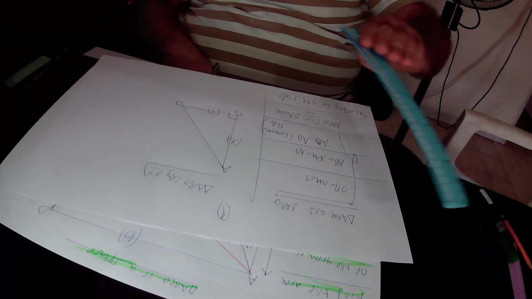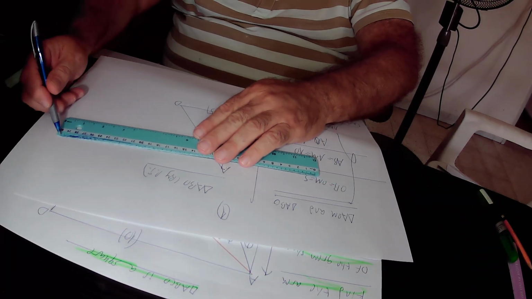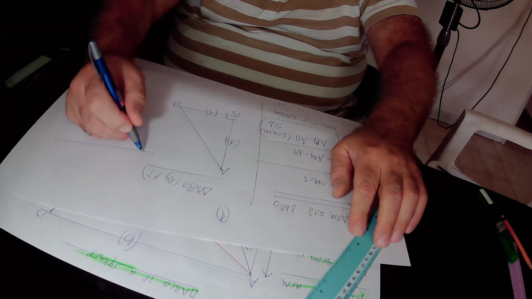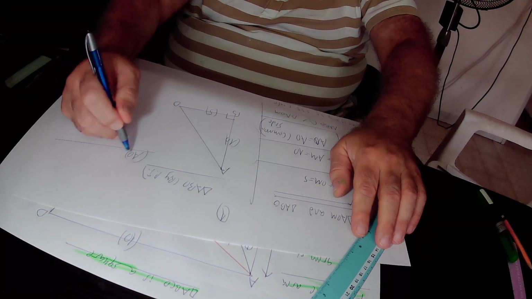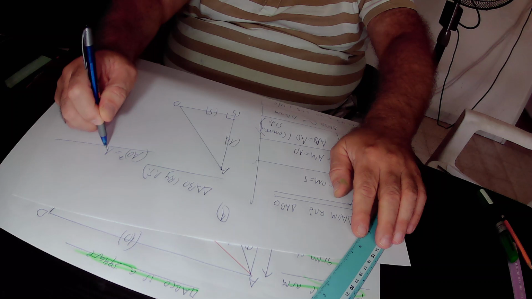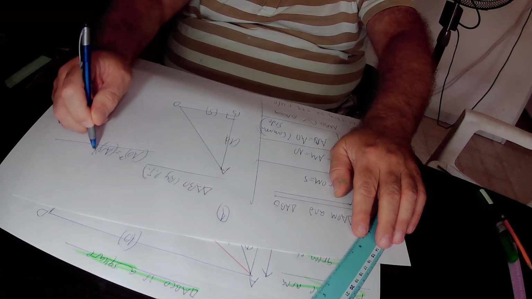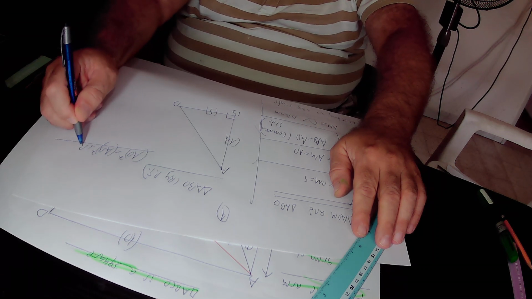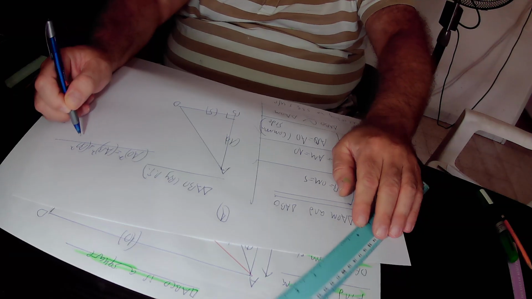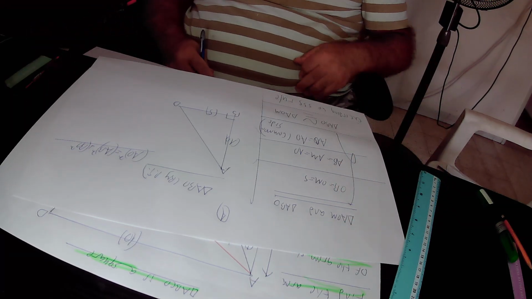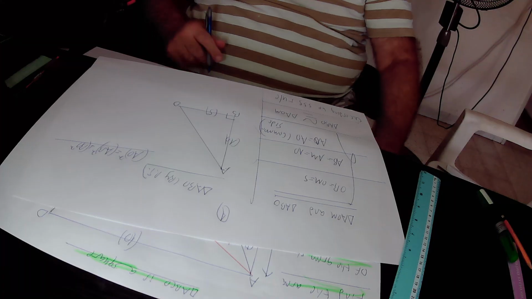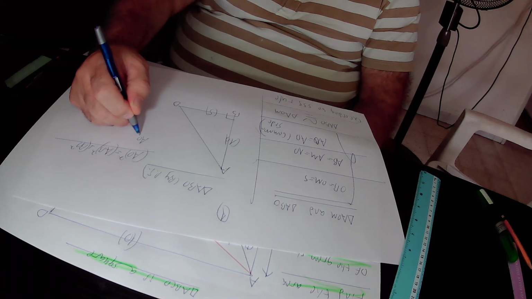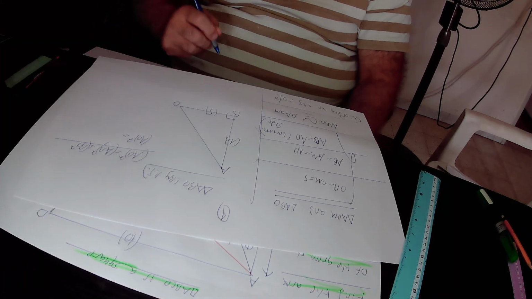AO squared, that is the square of the hypotenuse, equals AB squared plus BO squared. AO is the missing side, so AO squared equals AB squared.